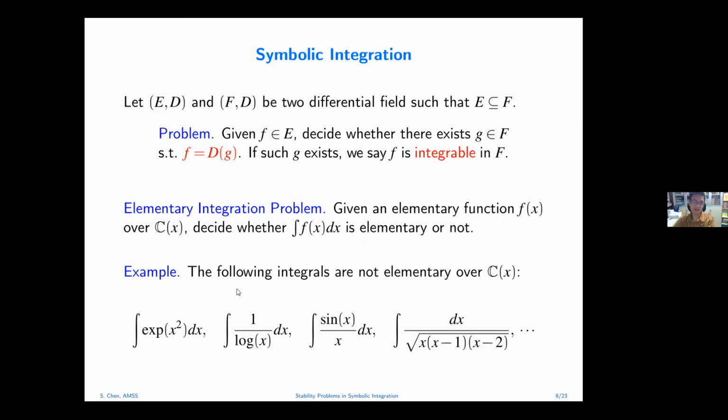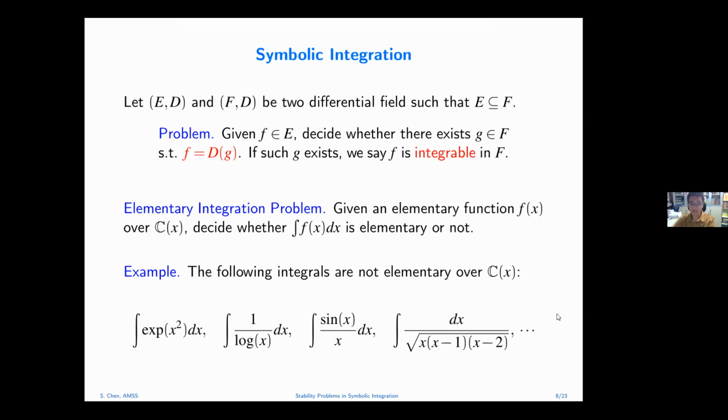In our calculus textbooks, usually the teacher will tell you that the following integrals are not elementary functions, usually without giving you the proof, just asking you to accept the fact, like exponential of x squared, 1 over log x, and sin x over x, and the elliptic integrals are also not elementary functions.